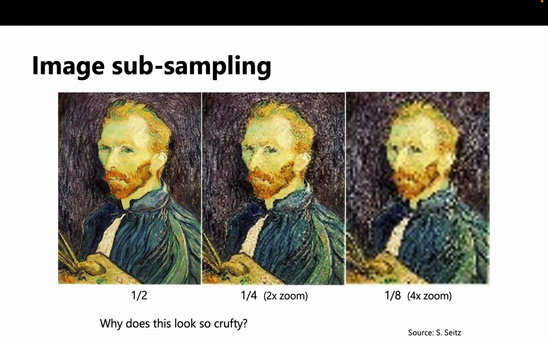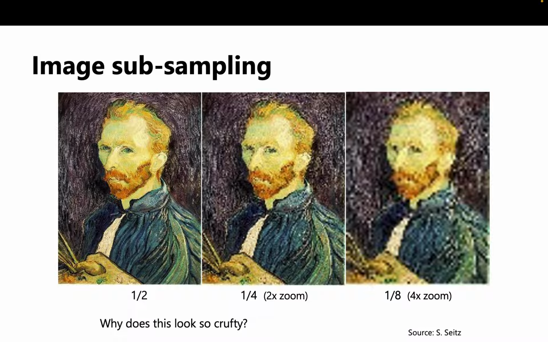And when you look at this image of different sizes, the left one is the half size, the middle one is the quarter size, but you zoom in 2 times, so that it has the same size as the left image. And the last image, the right image, you zoom in 4 times.